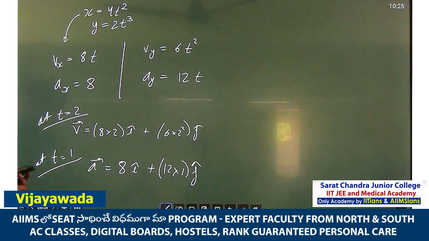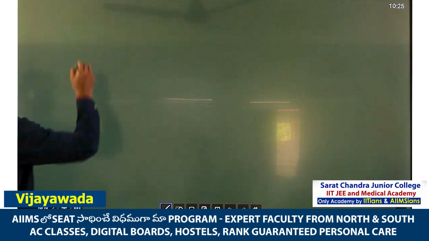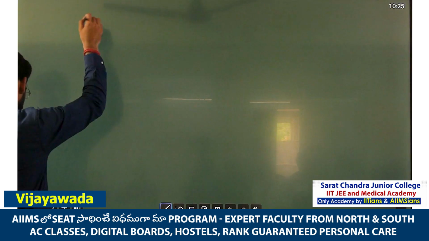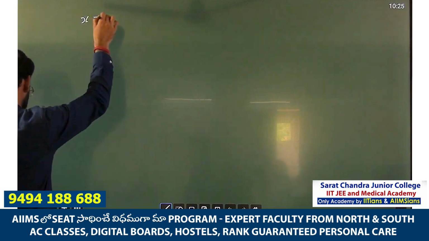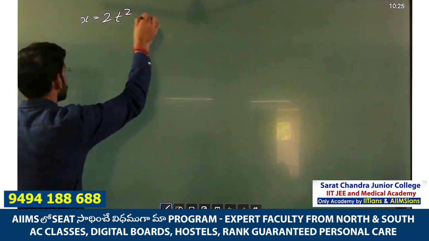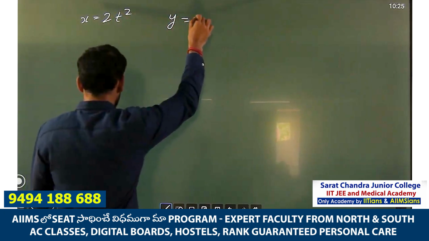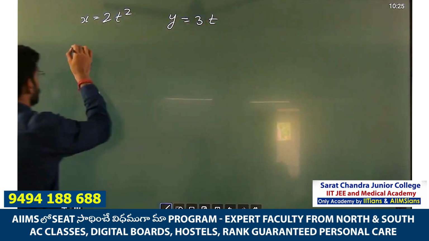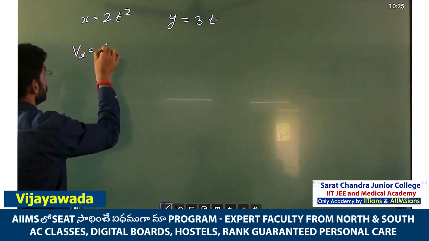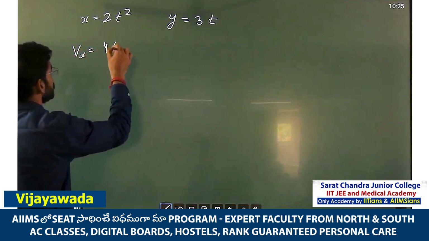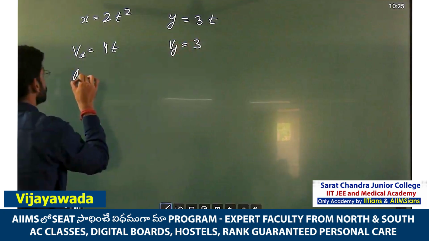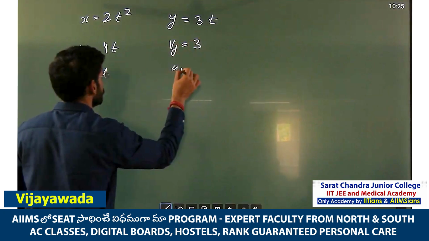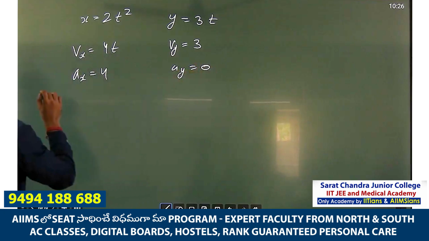Okay. Next is what? R vector is given. R vector is what? Position vector only. So from there we can say x is what? 2t square and y is what? 3t. So velocity vx is what? 4t and vy is what? 3. Here ax is what? 4 and ay is what? 0.